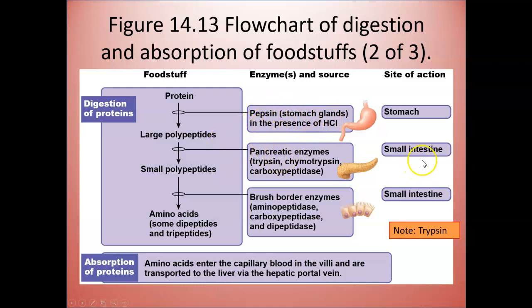And then the big one is when we get into the small intestine, the pancreas releases something called trypsin. Trypsin is the major one that we want to focus on as far as breaking down big polypeptides into smaller polypeptides, eventually into individual amino acids. And then we can use those to rebuild other proteins in our body. And again, more brush border enzymes come into play.